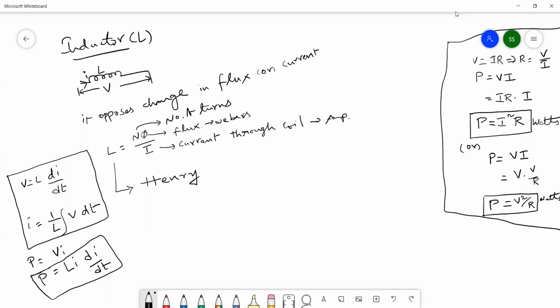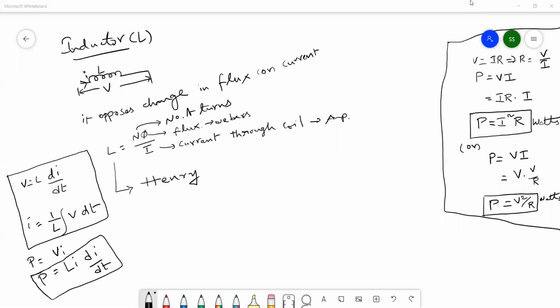Okay, done. So before we move on to the series combination, I will wait one more moment. I think everyone has clarity on inductor, or do I need to explain once again? Did all of you get the inductance?